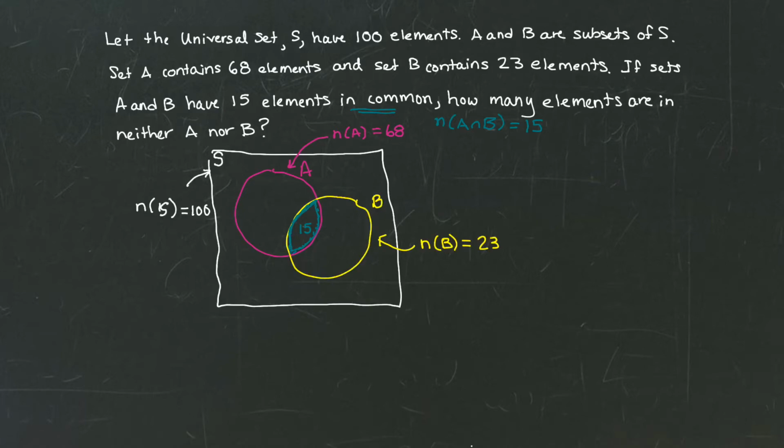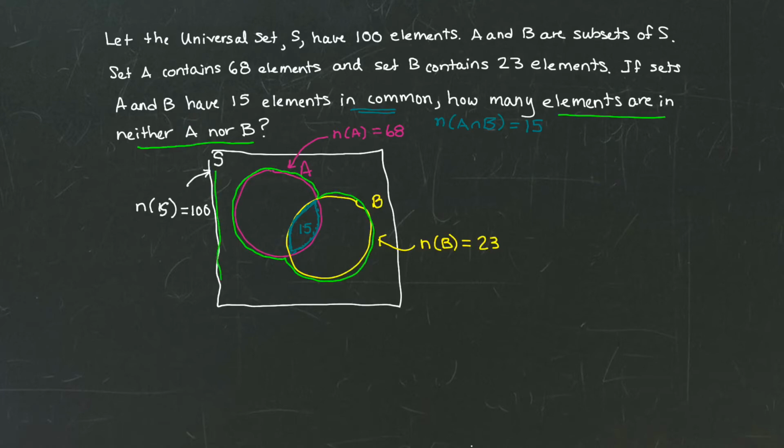I would start by asking myself, what are we looking for? We are looking for how many elements are in neither A nor B. Well, that is actually the part that lies outside of A and B sets, right?